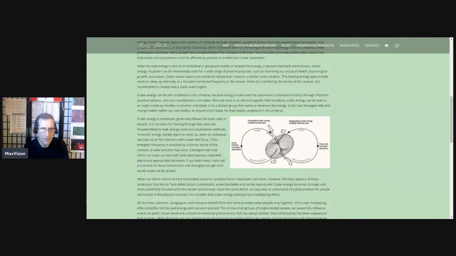Since we exist in an electromagnetic field ourselves, scalar energy can be sent to an organ outside our bodies, to another individual or to a different group that wants to receive the energy. It can heal damaged cells and change matter within our own bodies or anyone else's body, for that matter, anywhere in the universe. Scalar wave is renewable, green, and follows the basic laws of physics.